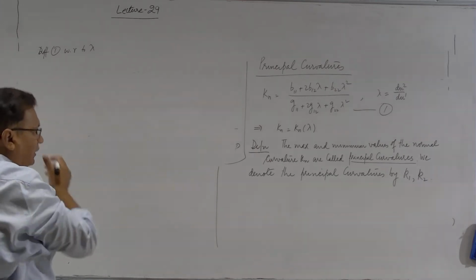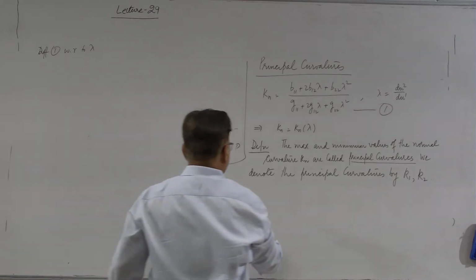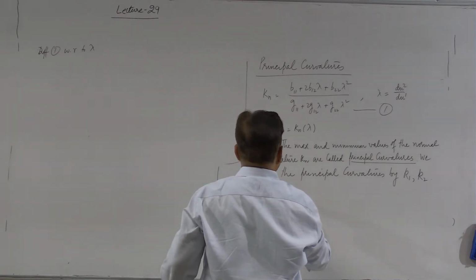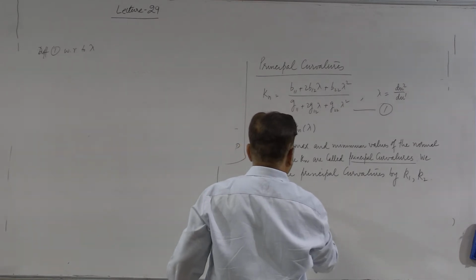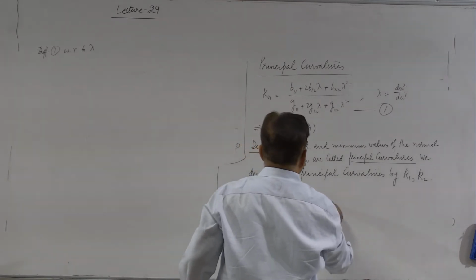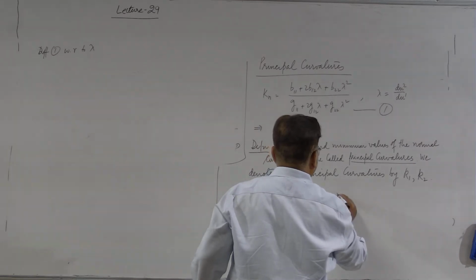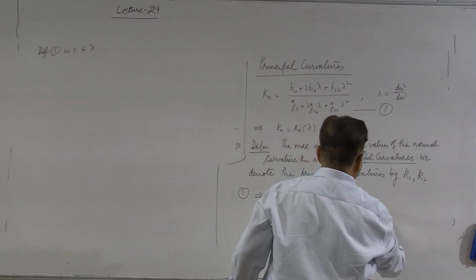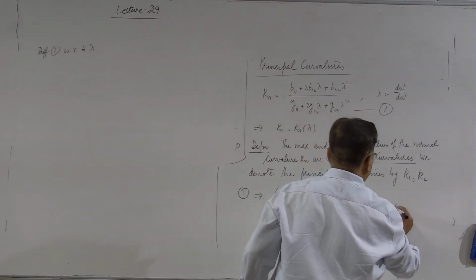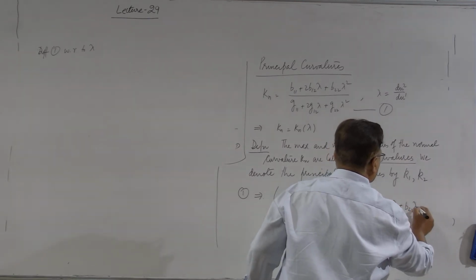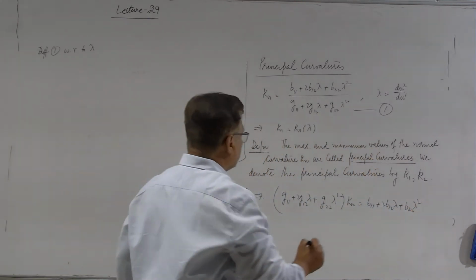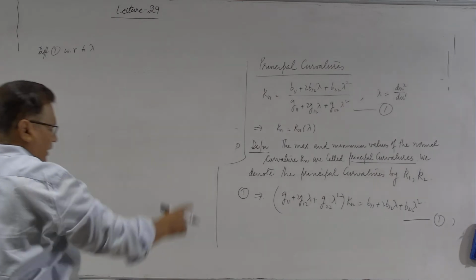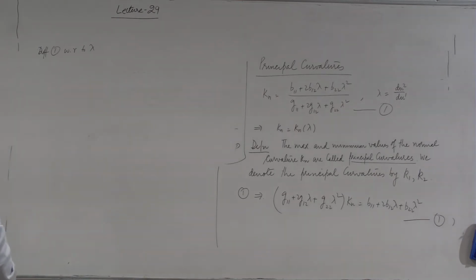First I will rewrite 1 as follows. 1 can be rewritten as (G11 plus 2 times G12 lambda plus G22 lambda square) Kn equal to B11 plus 2B12 lambda plus B22 lambda square. So, this is also 1. These equations are same. I am differentiating this with respect to lambda.